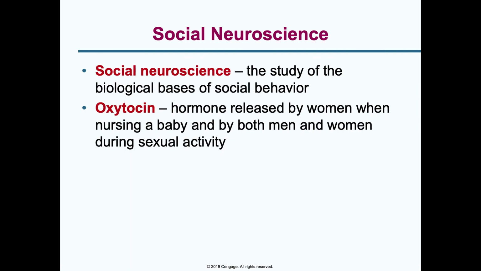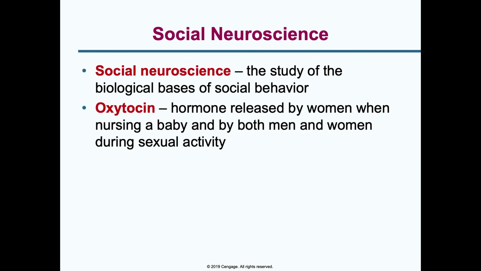Or, for example, oxytocin is a hormone. And again, remember, hormones are part of the endocrine system. And we just mentioned how they're connected to the autonomic nervous system. So as a result, oxytocin is an actual hormone that is released in a woman's body when she's nursing a baby.